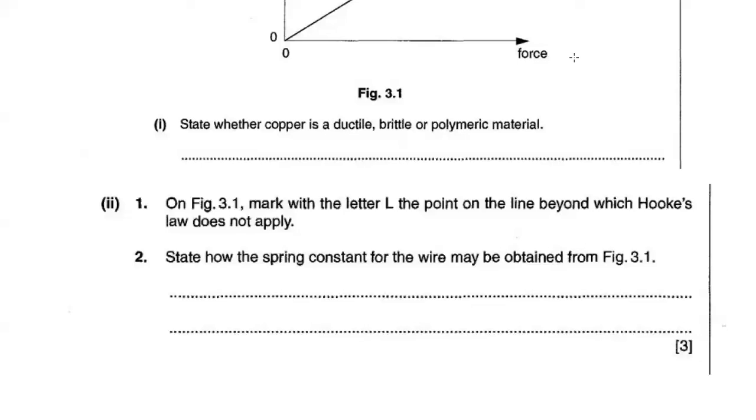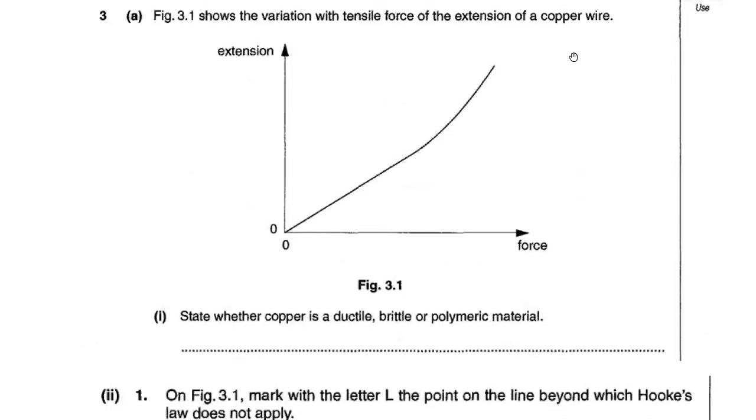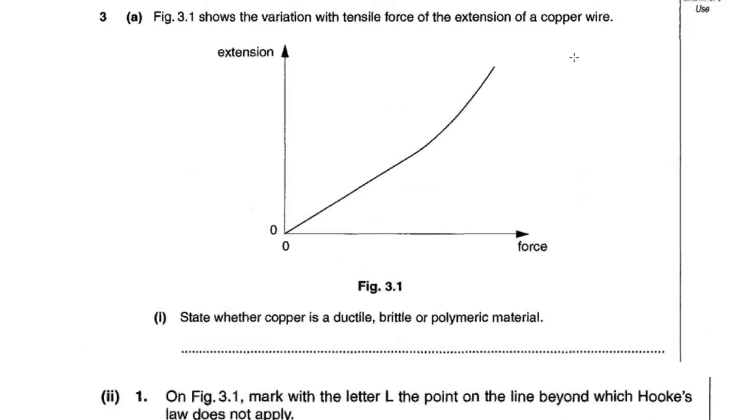Okay. State how the spring constant for the wire may be obtained from figure 3.1. How can you obtain the spring constant? Find the gradient of the graph and inverse it. Yes, good job, Divinsha. So we know that K is equal to force over extension. Over here, the graph is different.